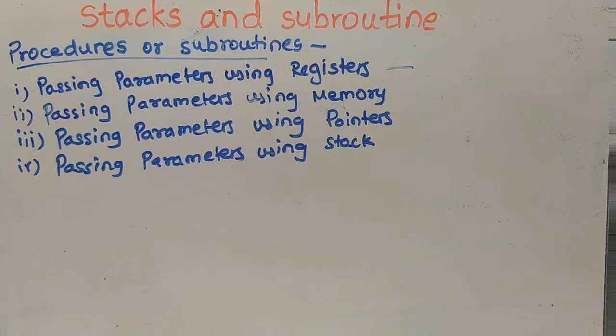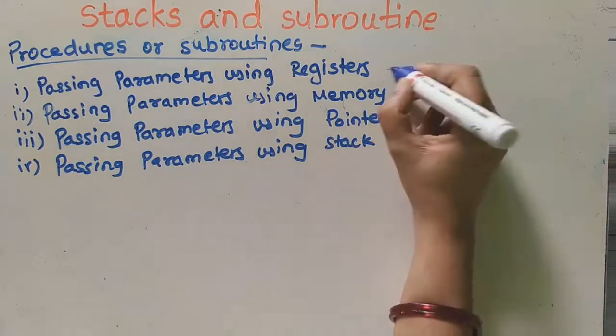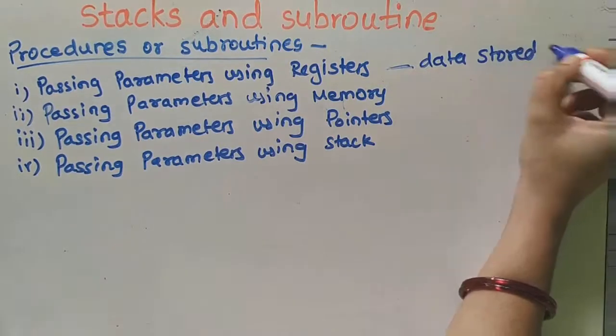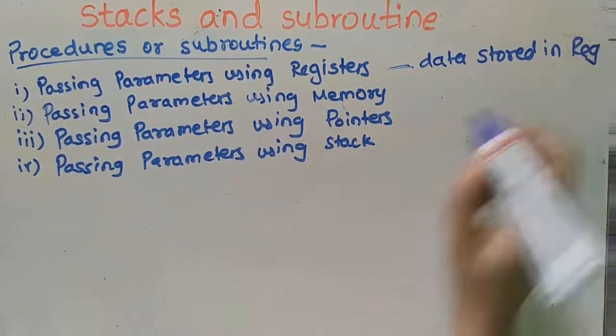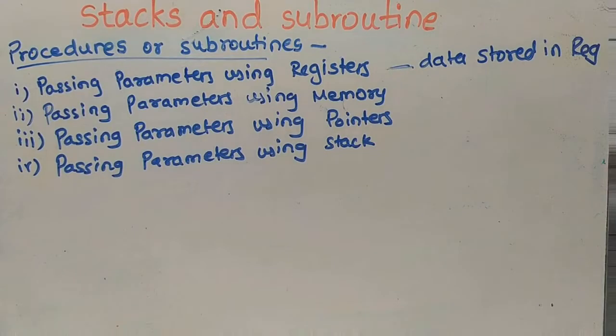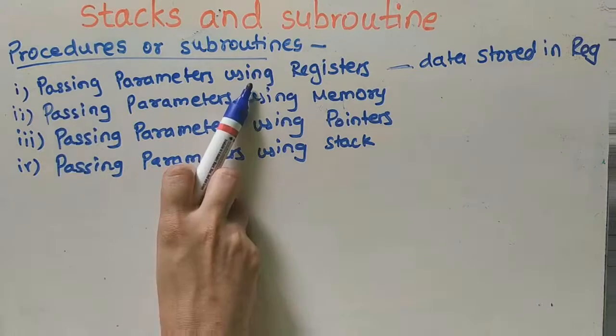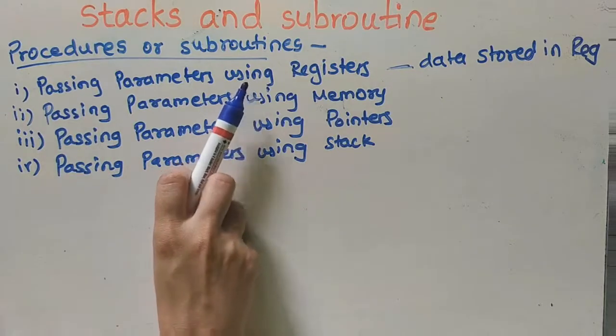Here the data to be passed is first of all stored in registers, and these registers are accessed in the procedure to process the data. Such a method is called parameter passing using registers.